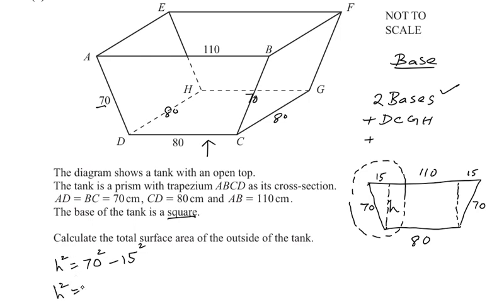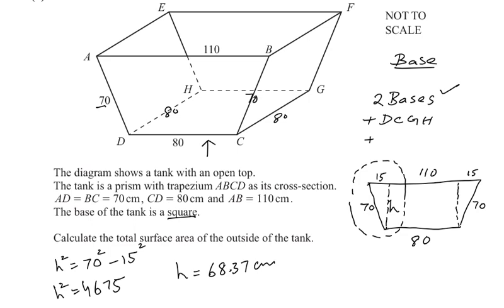H square equals 4675, and taking the square root on both sides, h will be equal to 68.37. So 68.37 centimeters is the perpendicular height.